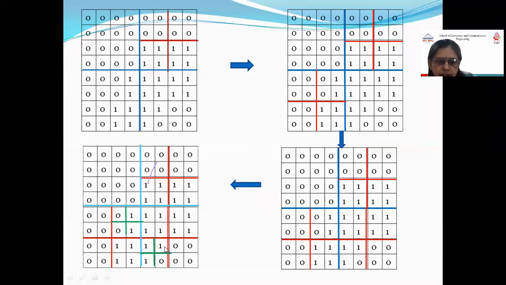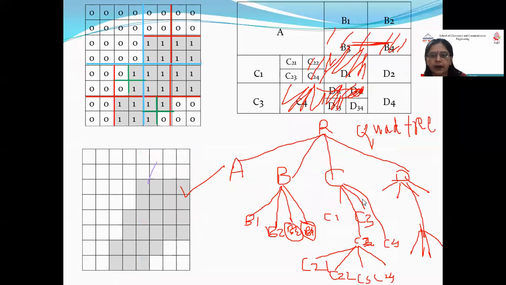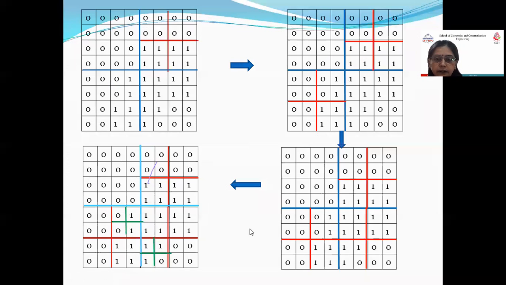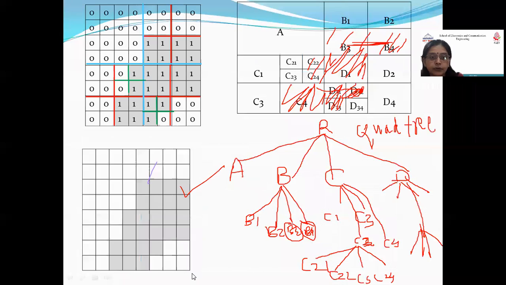Okay, we can split it further as shown here in the green line. Okay, so this blue line shows the first level split, the red line shows the second level split, and the green lines show the third level split. And the quad tree will look something like this, and then we can go on merging the adjacent regions which are similar, and in the end we get this particular output.